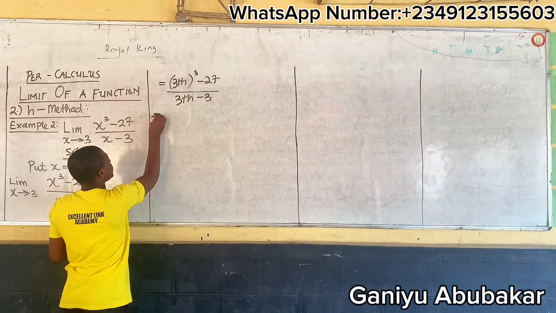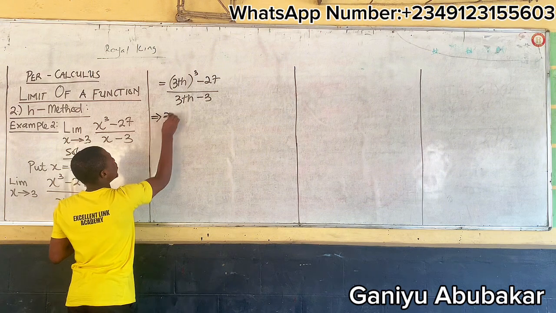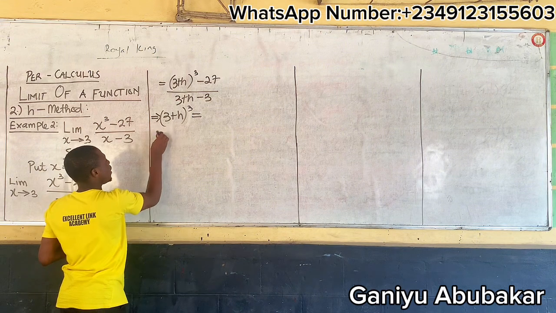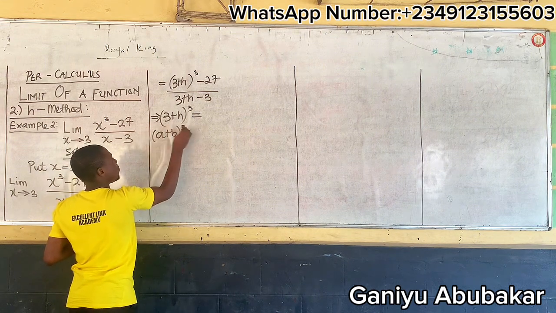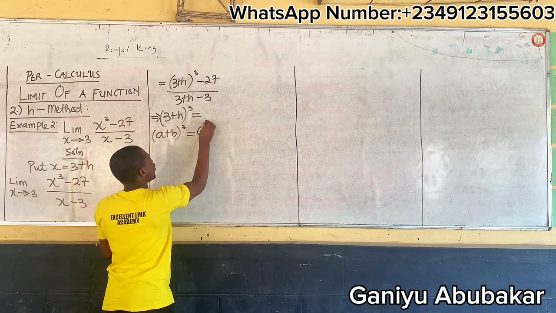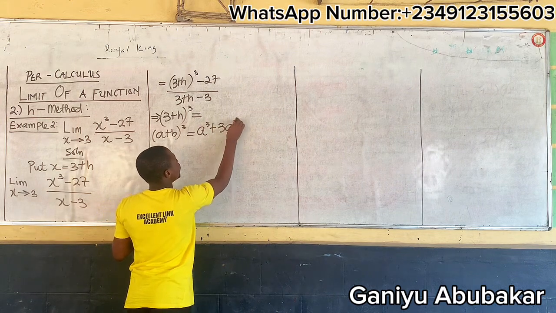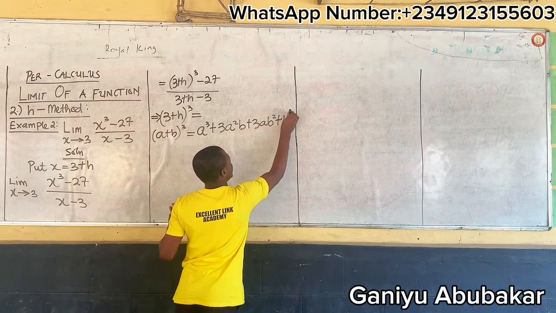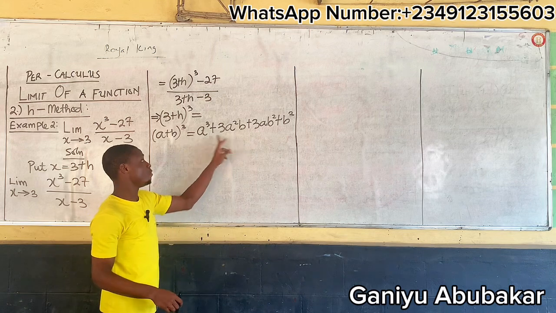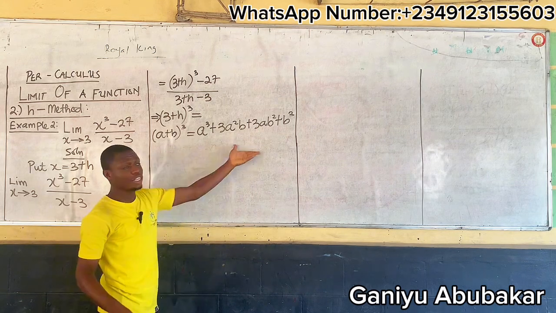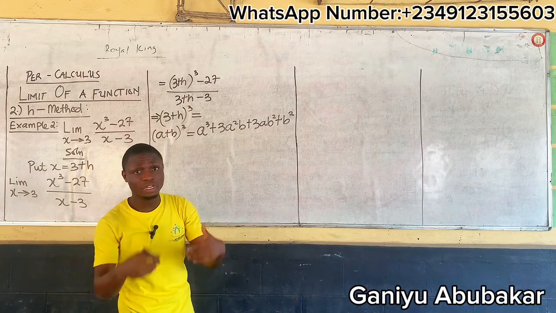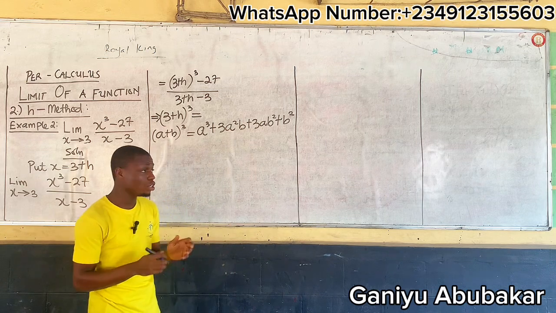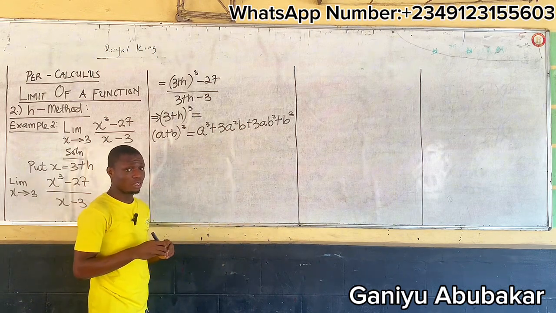So if I'm to pick out 3 plus H cube alone, generally, if I have A plus B cube, from Pascal's triangle, this will give A cube plus 3A squared B plus 3AB squared plus B cube, applying Pascal's triangle. If you want to know how to solve problems of this nature, you should just try to watch the class. I'll drop the link in the description of this video. So try to watch the binomial theorem or perhaps Pascal's triangle to understand how to expand something of this nature.